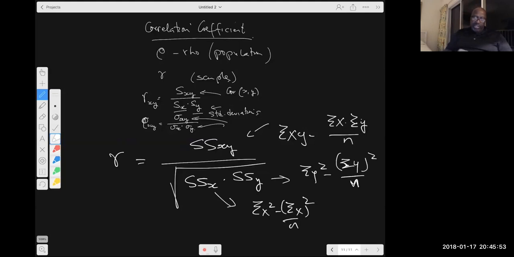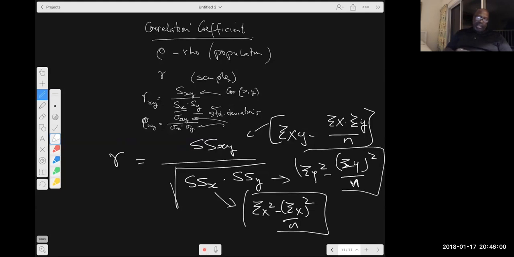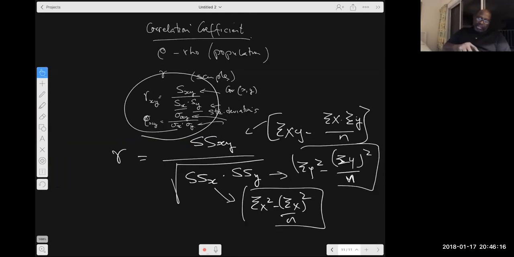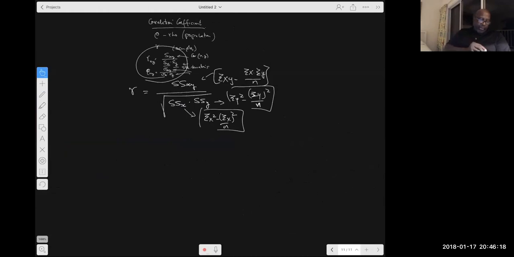So if we use these formulas right here, that's your SSXY, your SSY, and then your SSX, you get exactly the same answer, but I find it less confusing than this stuff right here. So I would recommend that we use that for correlation coefficient. Correlation coefficient turns out that when we compute the values, whether it is rho or R, sorry, that's not rho, that's R.